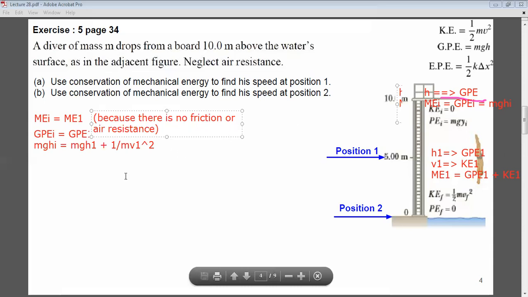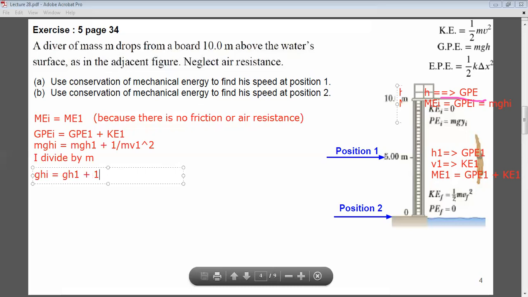Now let's solve for V1. So I can divide by m. I divide the whole equation by m because I don't have it anyway, and I end up with g h initial equal gh1 plus half v1 squared.